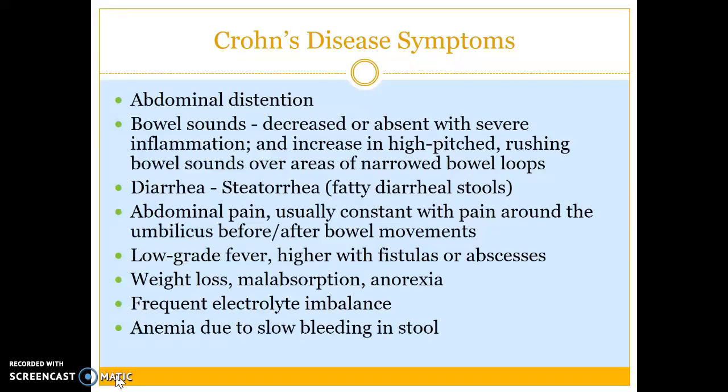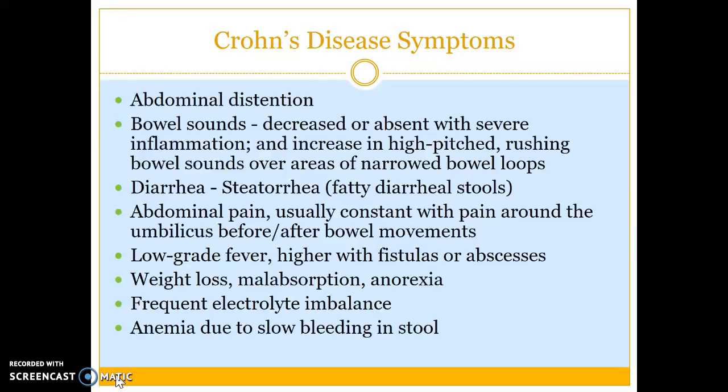So their pain is more continuous, whereas ulcerative colitis pain is more right when they're getting ready to defecate. They tend to run a low grade fever when they're having inflammation. They have a much higher fever when there are fistulas or abscesses, in terms of big pockets of infection, present. They can have weight loss.